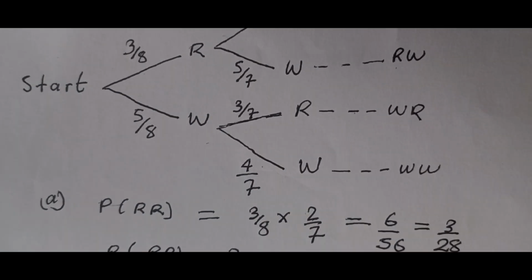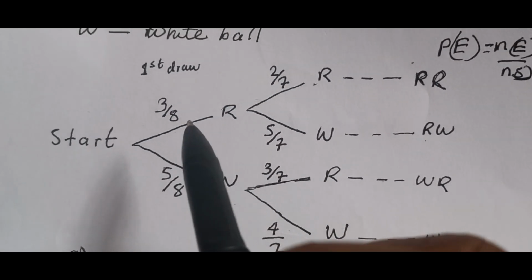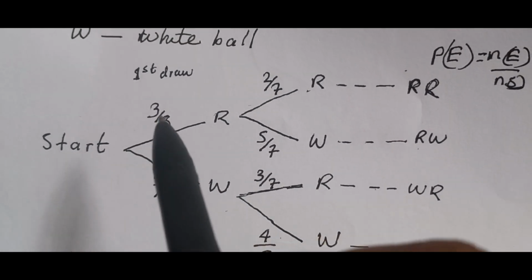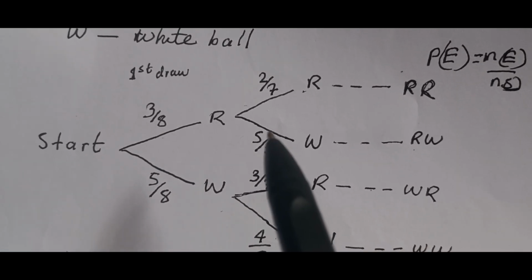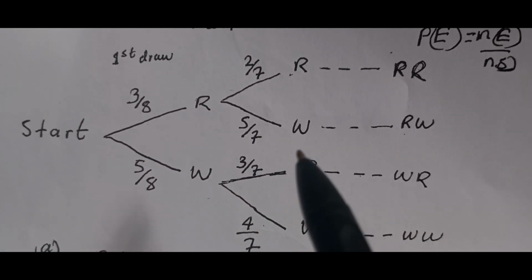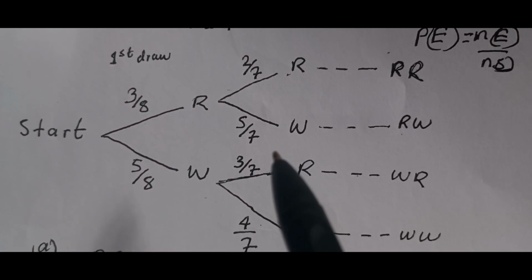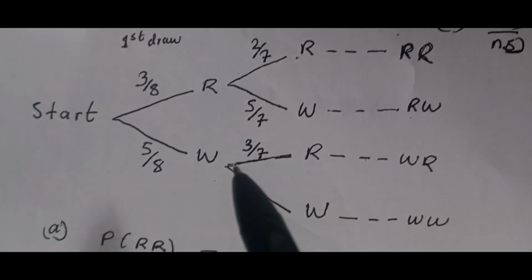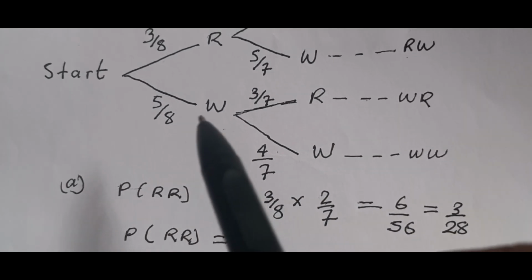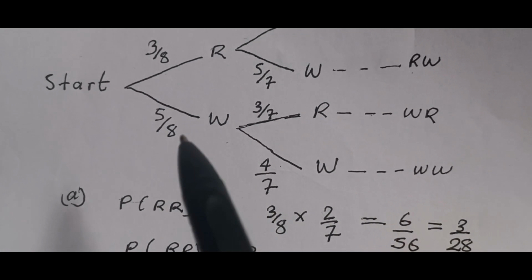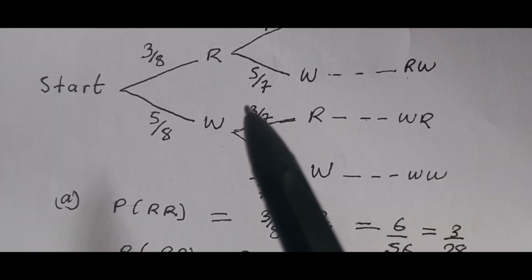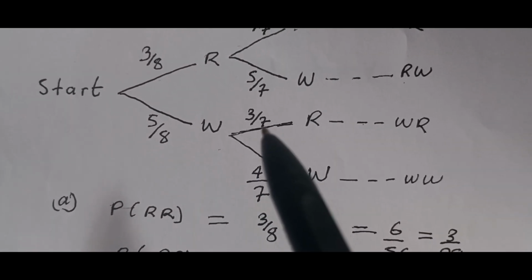Using our tree diagram here, the probability of red, white means 3/8 times 5/7. And white, red is this one, 5/8 times 3/7.